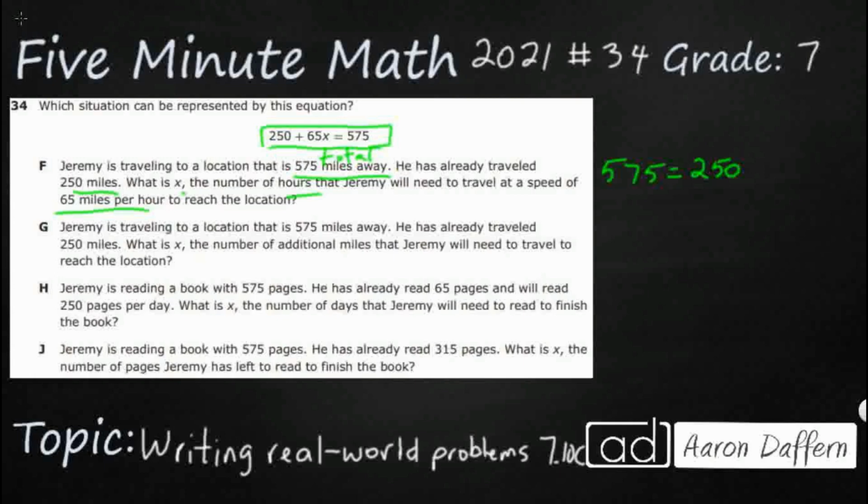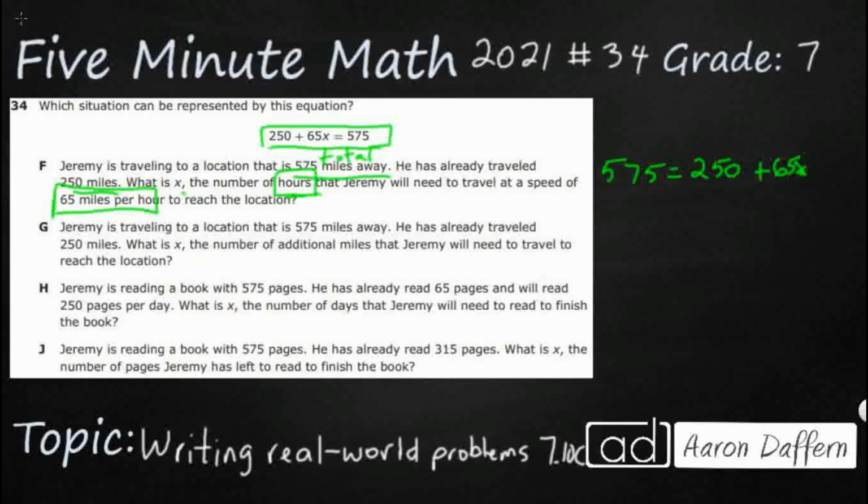And then x is the number of hours, but look at this. I've got 65 miles per hour. So 65 miles an hour multiplied by how many hours, and that gets you your distance, right? 65 miles per hour multiplied by x gets you your distance, and that's also going to be a positive because we're adding that distance.